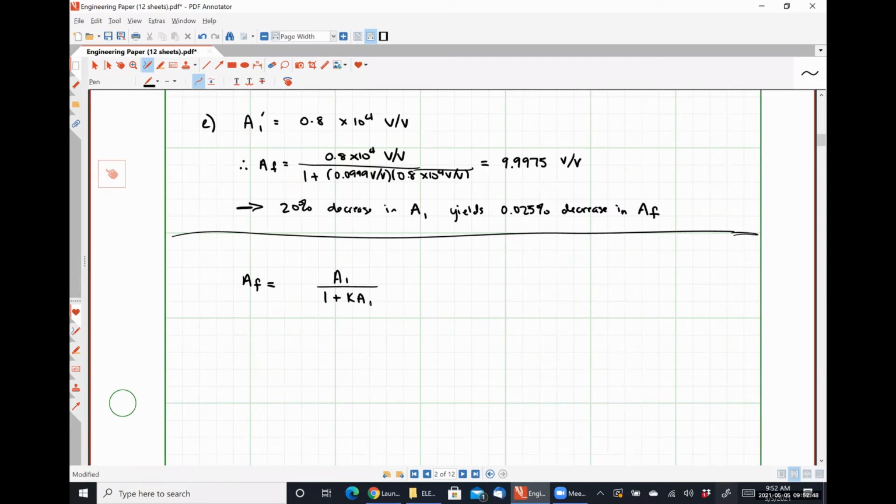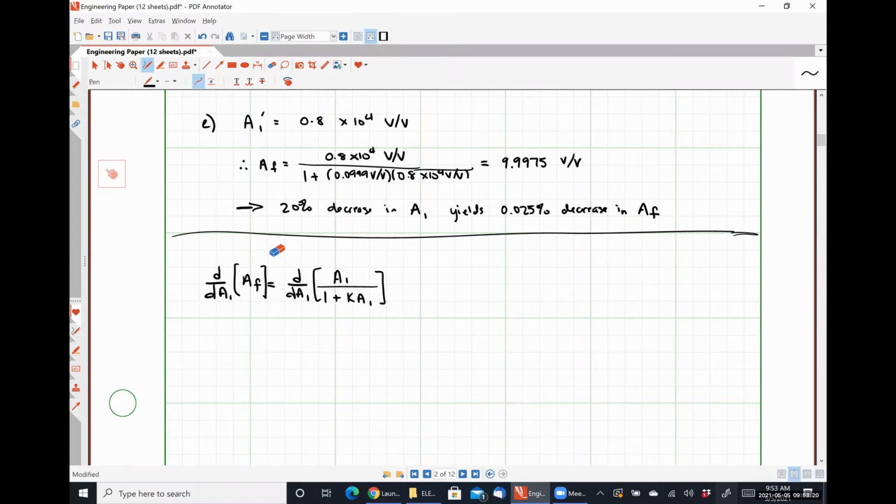If we have a small change in our open loop gain, I can take the derivative of both sides with respect to A1. That should tell us what we are expecting to see, right? We're looking for the variation in the closed loop gain due to a change in the open loop gain.